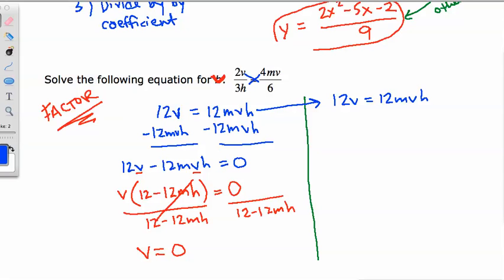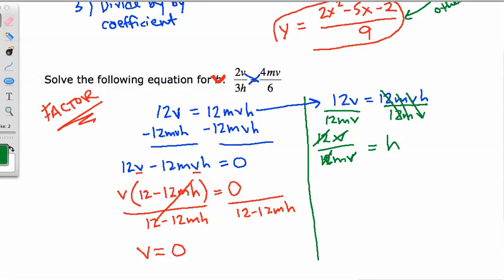In this case, it's actually less steps. If we're solving for h, we're just going to divide out everything but h on this side. Okay, and so we're going to get h, because all of this cancels out, equals 12v over 12mv, and since everything's being multiplied on the top and bottom, things are going to cancel out here.